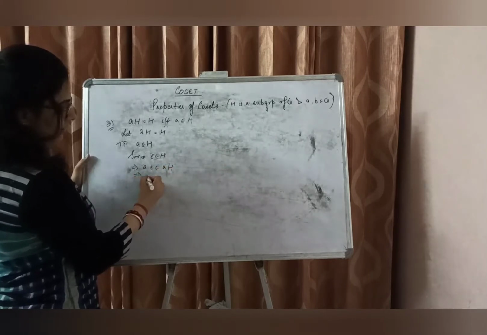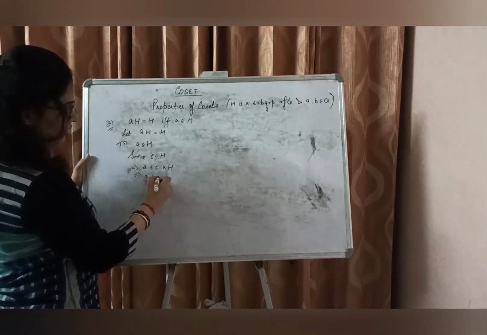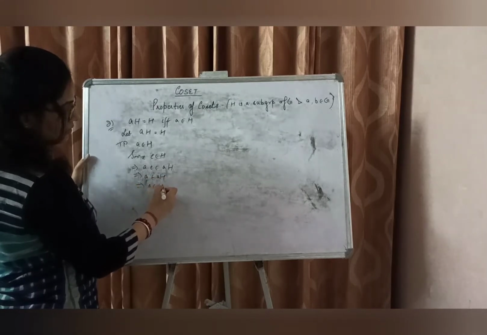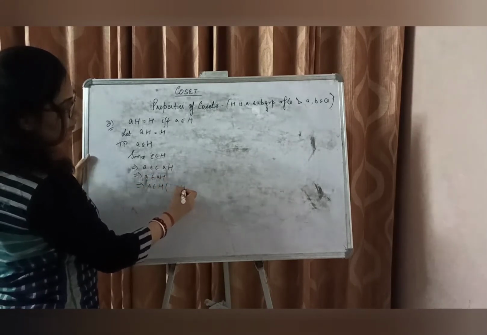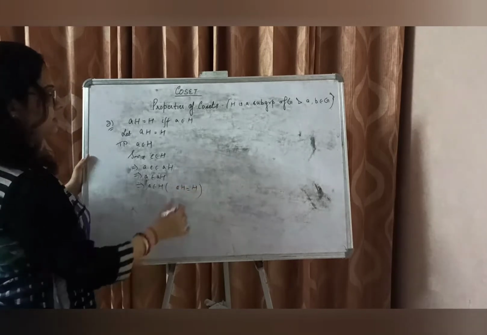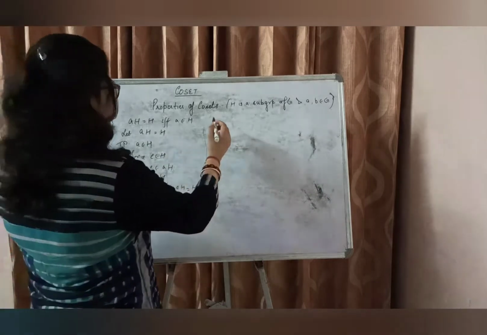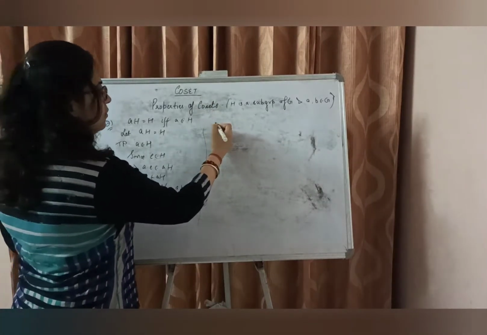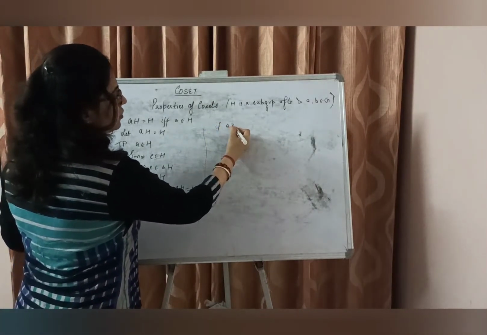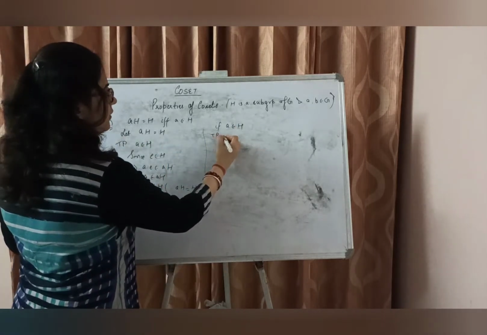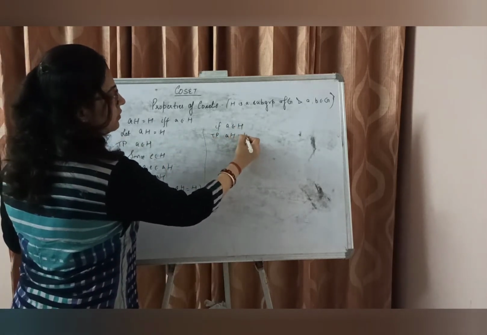This implies a belongs to aH. This implies a belongs to H because aH is equal to H. Alright. Now secondly, conversely, we shall prove that if a belongs to H, then aH is equal to H.